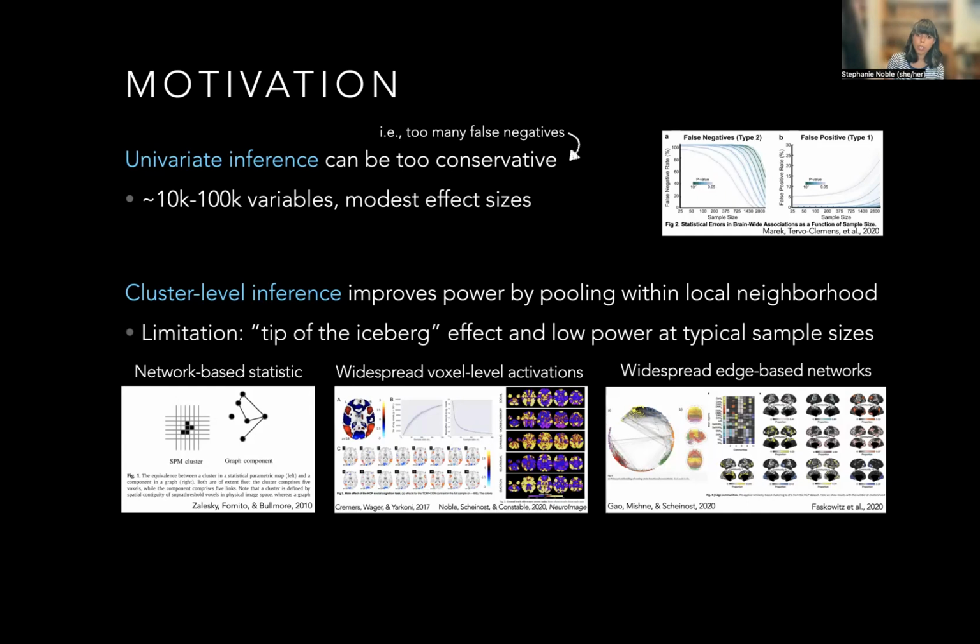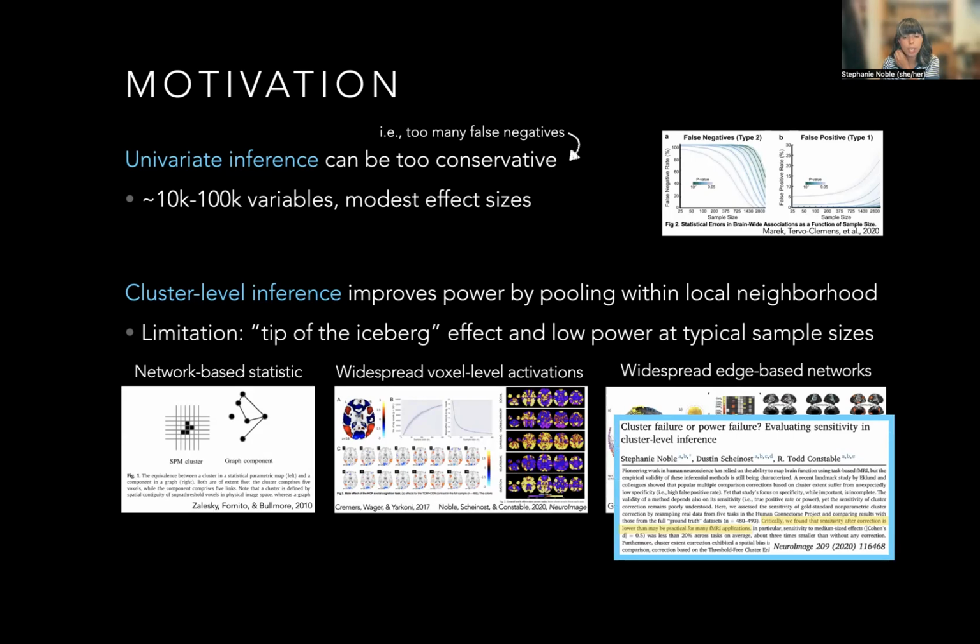We see some hint of this potentially in the network context, where when we group together edges, we tend to see edges grouping together in these canonical large-scale resting state networks, suggesting that there is also widespread significant structure in that context as well. And then, as we discussed previously, we tend to see quite low power when we're using cluster level inference, probably as a result of the fact that we're only getting the tips of these icebergs.